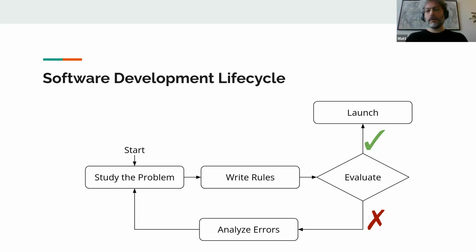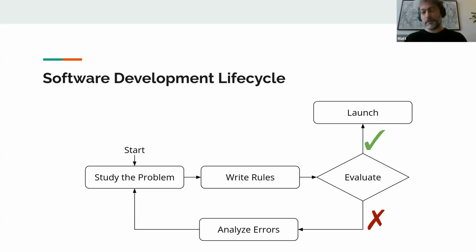If it makes a mistake, that means you did not adequately understand the problem or express the solution to it. That's a bug. A bug comes from the program doing something you didn't expect because you made a mistake. So you go back to study the problem again, write more rules, do more programming, and evaluate it again until it does what you want.